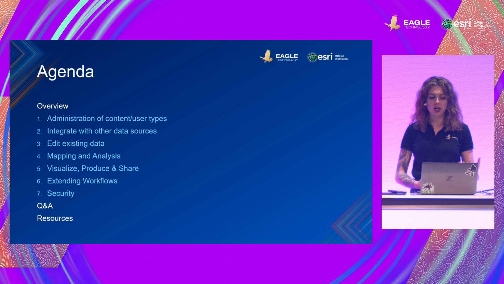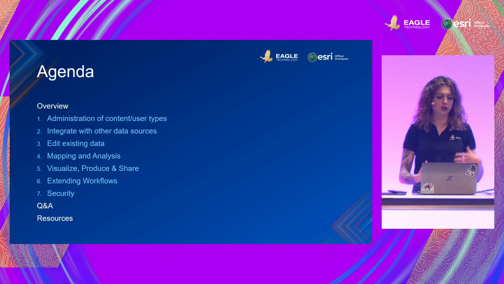We're going to start with administrating, settings and content management, then pulling in data from other sources. How do we edit the data that we have? Then, when we start putting that out into maps and analyzing, getting our results to where we begin to visualize, then create maybe our final apps or productions and share them out.